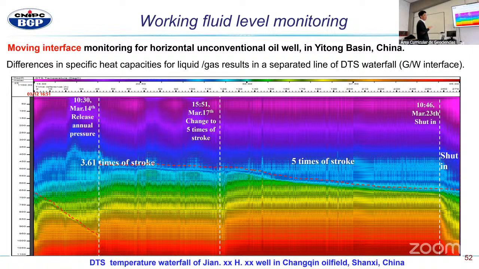This results in very clear lines to calibrate the interface between the liquid and gas. And if there is something in the middle between the oil and gas, like this power plug, it cannot be detected by the sonic logging, but it can easily be detected by the DTS, because DTS is very sensitive.